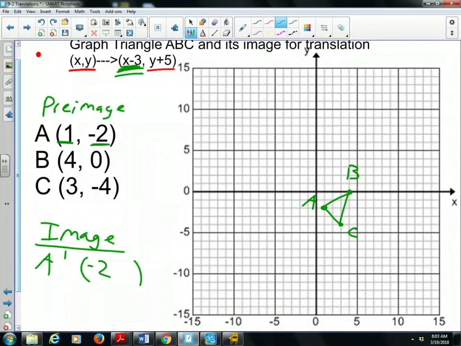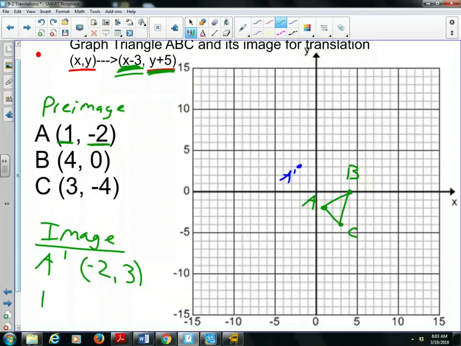And my y coordinate, I'm going to add 5. So a negative 2 plus 5 is 3. So my A prime is now at left 2 up 3. Left 2 up 1, 2, 3. There is A prime.